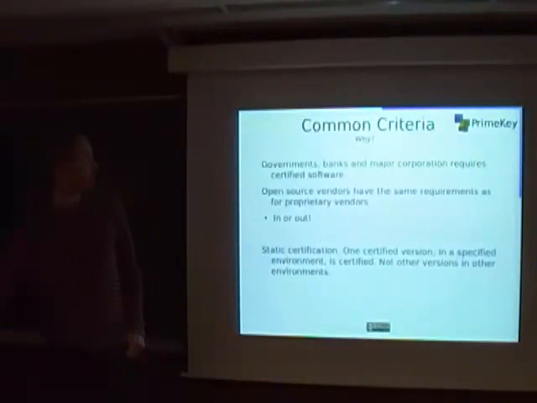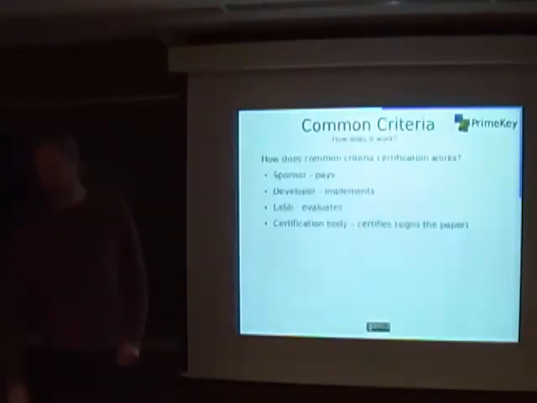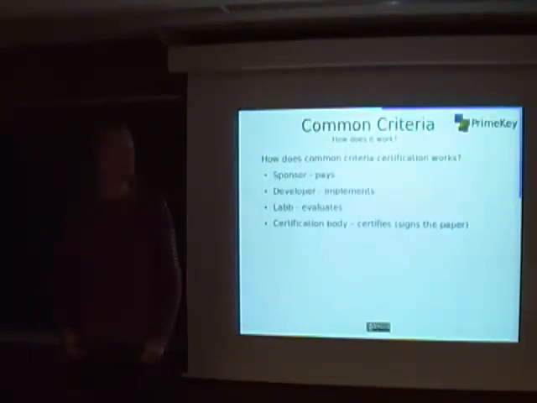So now we have established that yes, if you have some users who actually require common criteria certification, then as a developer, you want to do it. So how does it work? And what do you do? There are four different actors in a common criteria certification.